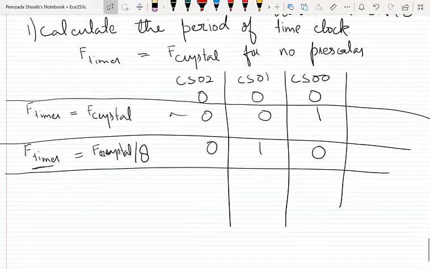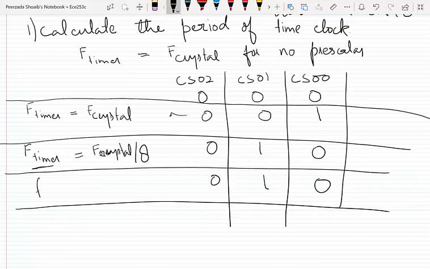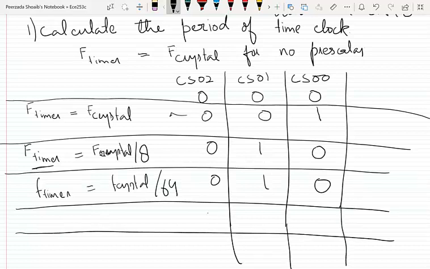Similarly, for the values 0, 1, 1, frequency of timer will be equal to frequency of crystal divided by 64. Sorry, for 001 it was f crystal.